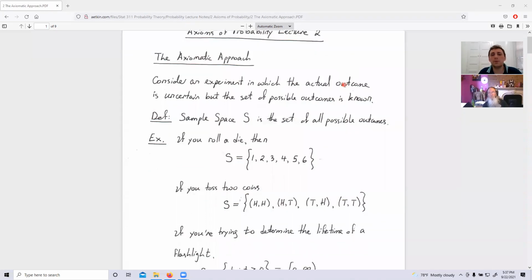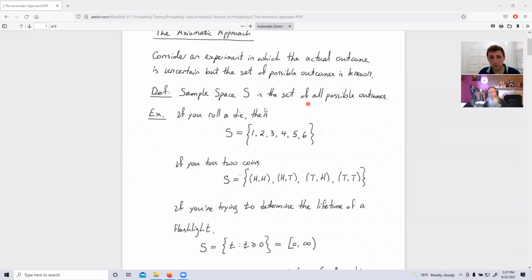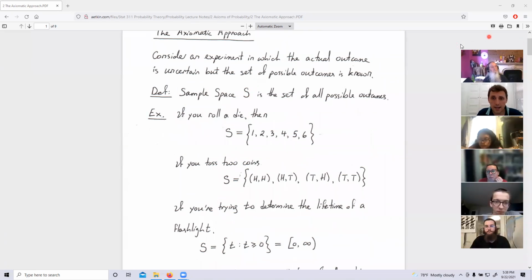So the axiomatic approach begins to work as follows. First you have this idea of a sample space, and you should think of a sample space as the collection of all possible universes. Whenever you are creating a simulation or an experiment, there is going to be one universe that comes into being.